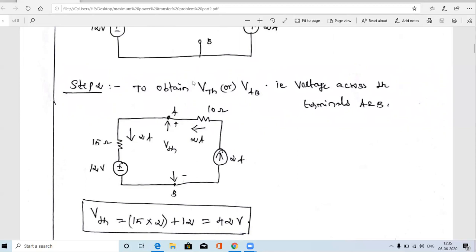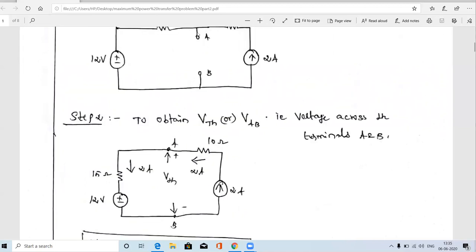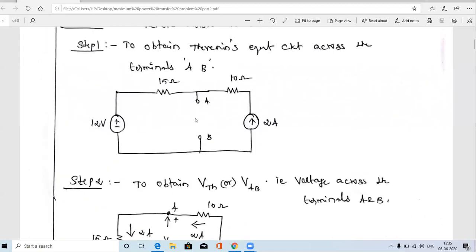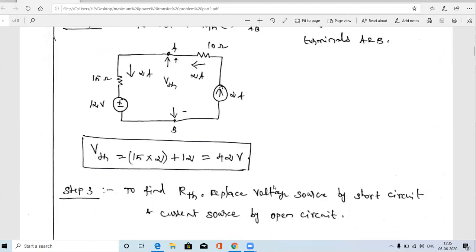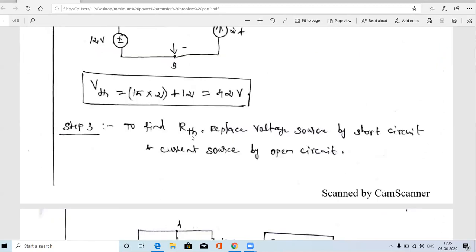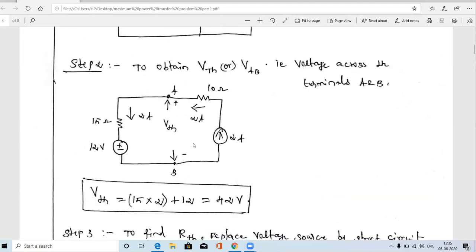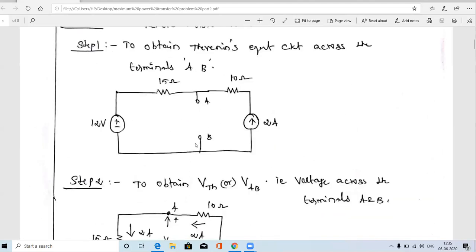One is the Thevenin's voltage VTH or VAB, which is the voltage across these open circuited terminals A and B. And the other is RTH, which is the total resistance of the given circuit across these terminals A and B.